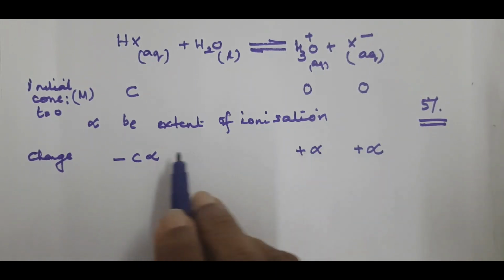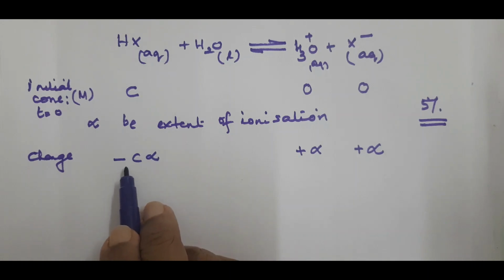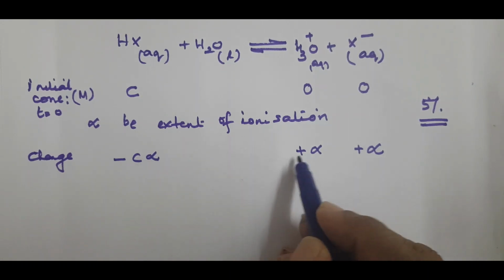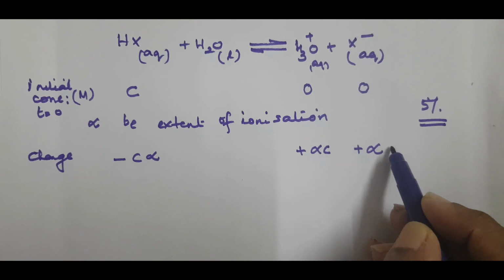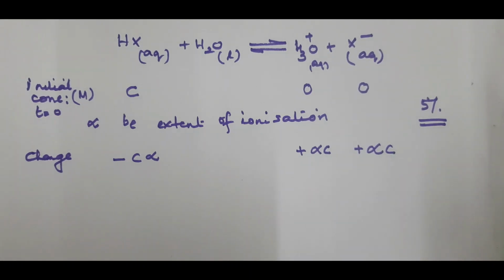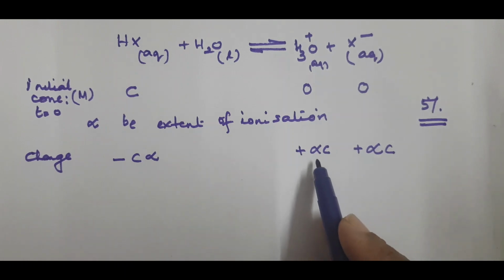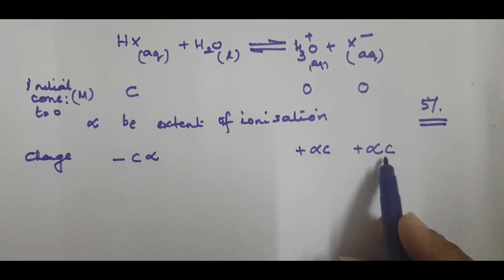If C alpha is decreasing, then that much is increasing on the product side, so the change will be plus C alpha and plus C alpha. How much is decreased here, that much product is getting increased.